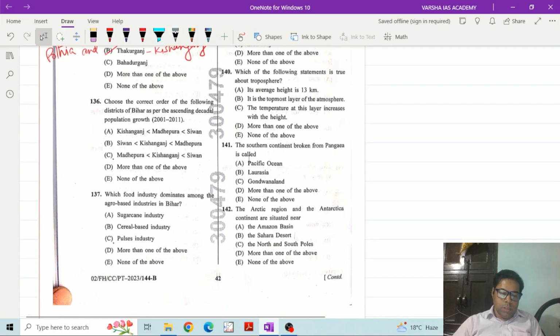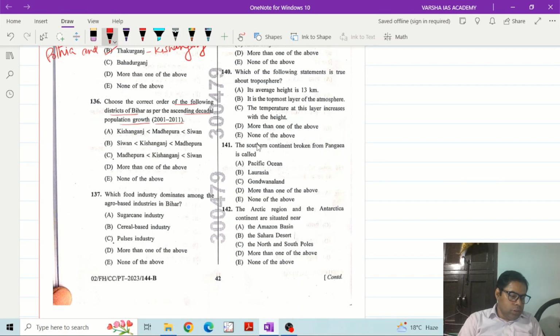Question number 136. Choose the correct order of the following districts of Bihar as per the ascending decadal population growth. Right. So if you see the population growth in these three districts, Kishanganj has 30.40%, Madhepura is 31.11%, and then Siwan is 22.70%.